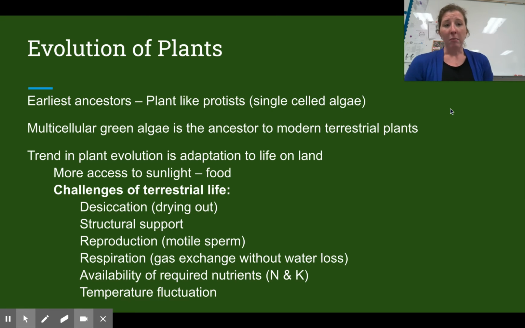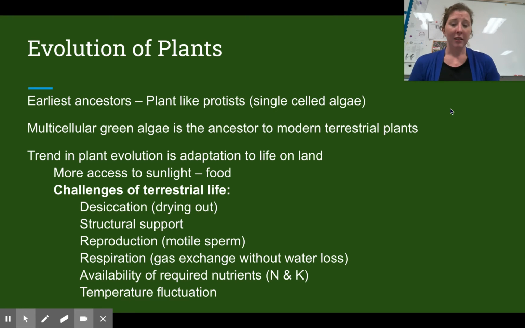Plants also relied on motile sperm swimming through the water. And if you're living on land, water isn't always available for the sperm to swim from plant to plant. And so they had to develop a method of getting around that. Respiration, allowing gas in and out of their tissues without losing water in the process. Required nutrients like potassium and nitrogen are very easy to get out of the water, much tougher to get in a terrestrial environment.